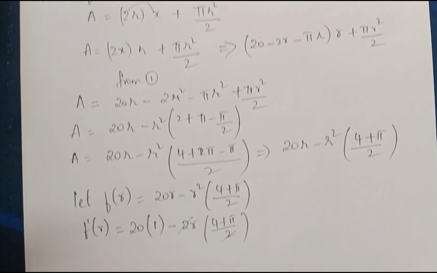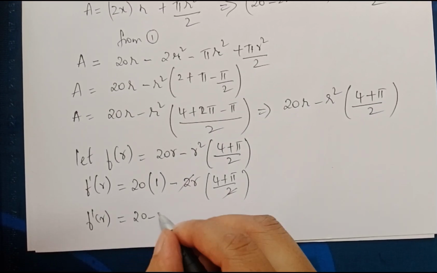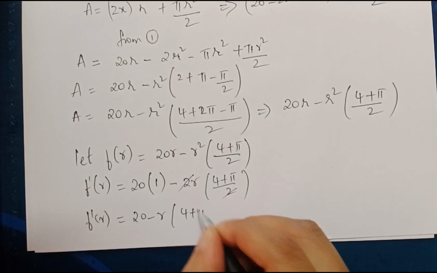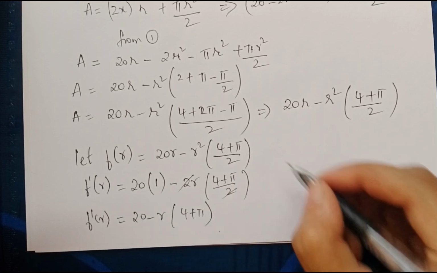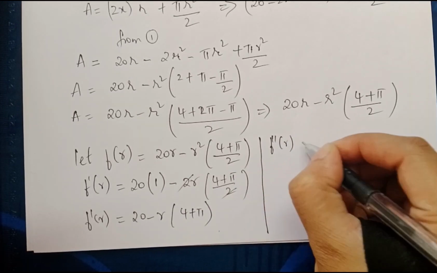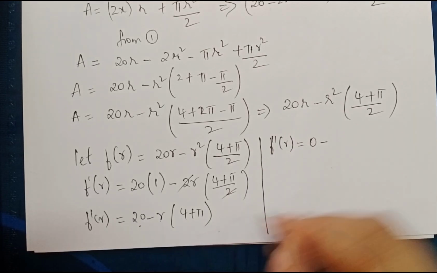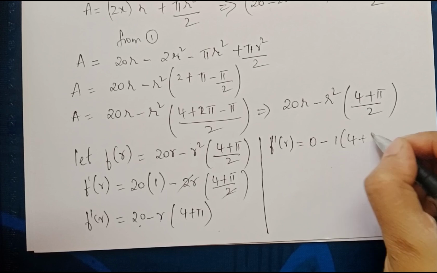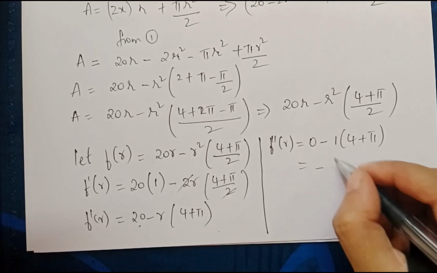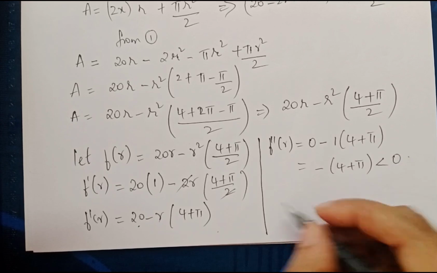Cancelling out 2, so you will get f dash of r is equal to 20 minus r into 4 plus pi. Now differentiating this function again, f double dash of r will be equal to constant derivative will be 0 minus r derivative will be 1 into 4 plus pi, which is equal to negative of 4 plus pi, which is less than 0.